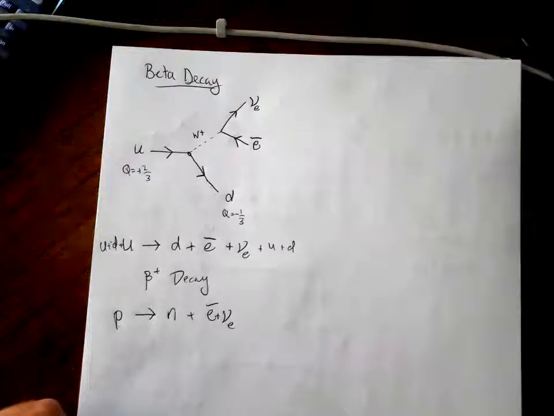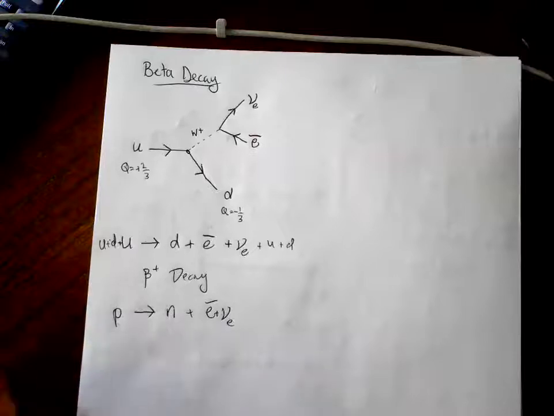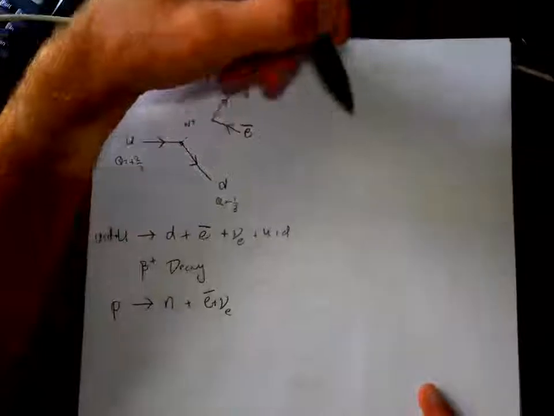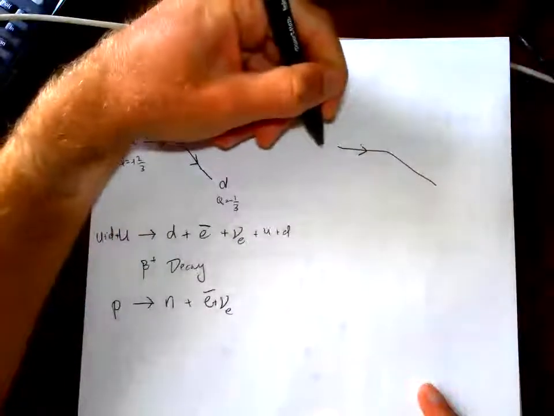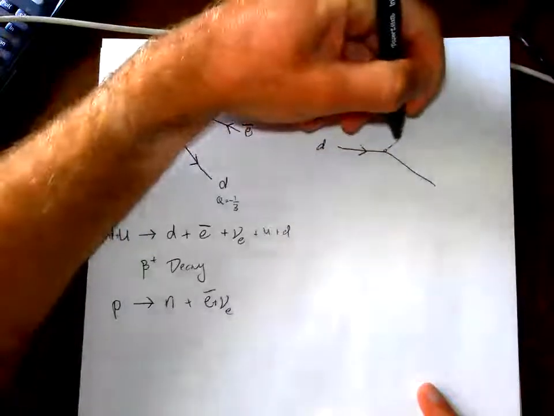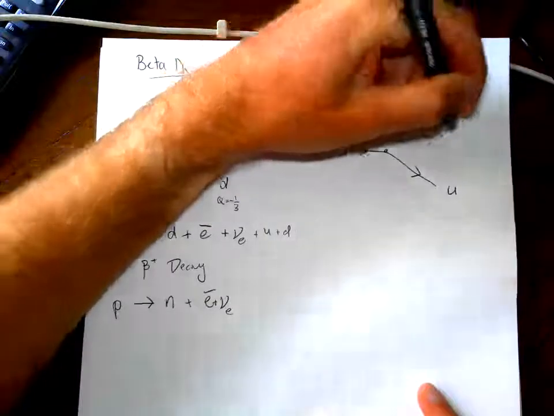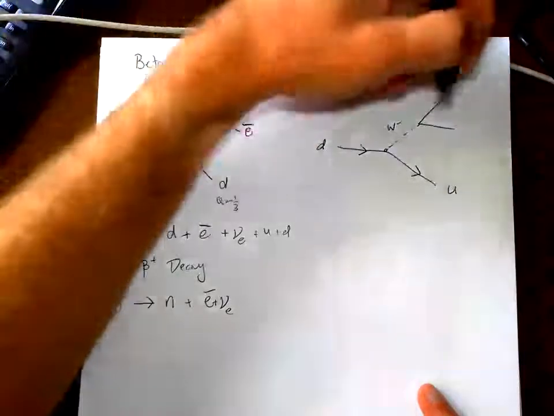Okay. This is actually how neutron stars are created. You might have heard of neutron stars before. Neutron stars are made up entirely of neutrons. So what happened to all the protons? They all turned into neutrons via a process like this. You could also have a Feynman diagram that looks like this, where a down becomes an up. In that case, this would have to be a W minus to conserve electric charge.